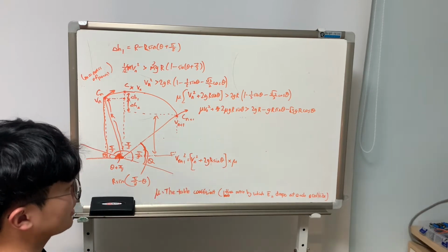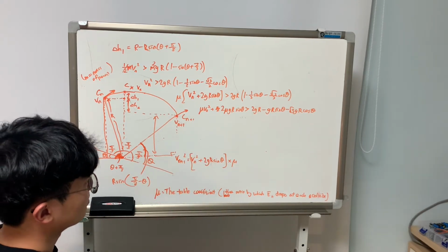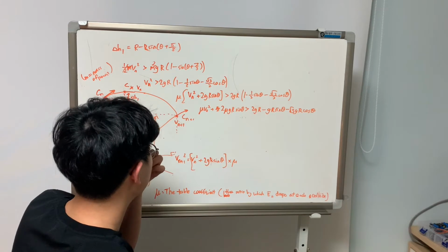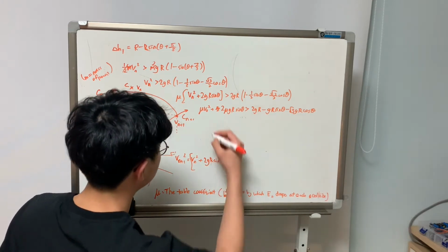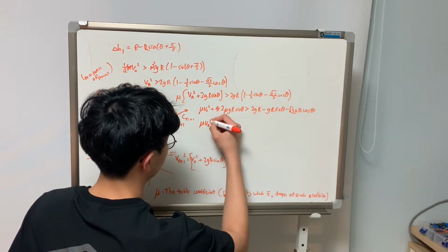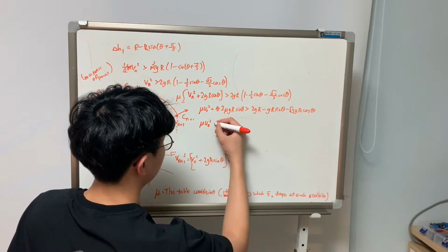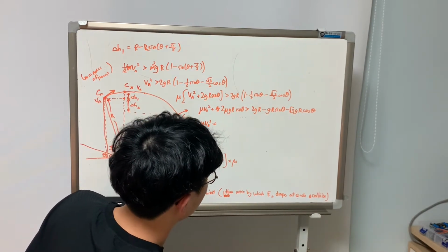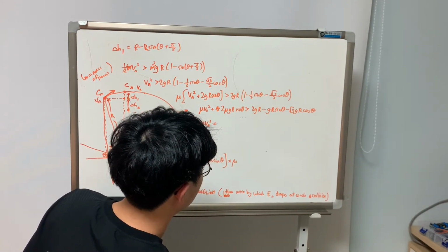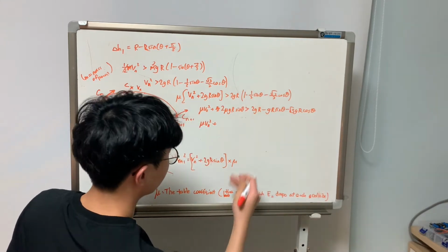Let's rearrange everything in terms of mu Vn squared here, and that would give us mu Vn squared plus... we're just gonna transfer everything to this side.